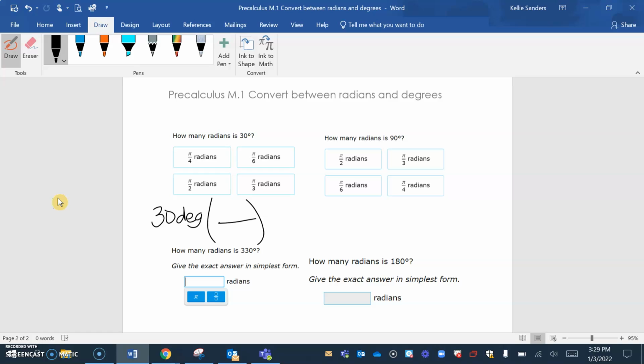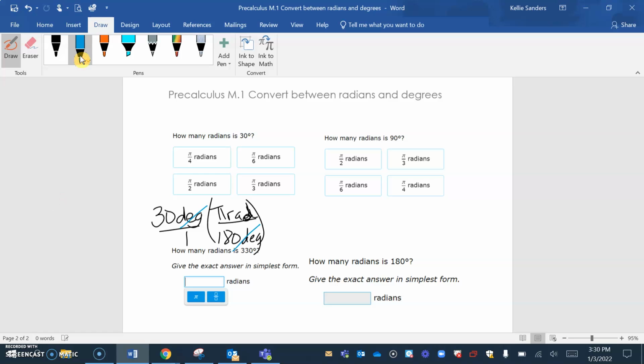And what a conversion factor is, I'm going to put the 180 degrees on bottom. I'll show you in just a second. And what's radians to 180 degrees? Pi radians.